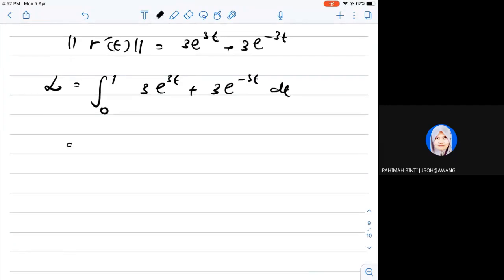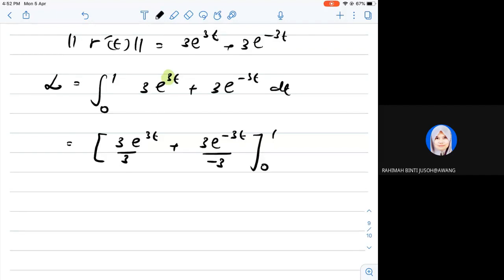Alright, so we can solve this. Kita bawa ke mana 3 ni guys? Bila integrate? Bawah. Okay, very good. So 3 eksponen 3T divides by 3 plus 3 eksponen negatif 3T bawa ke bawah negatif 3. Macam tu. So 0 until 1.